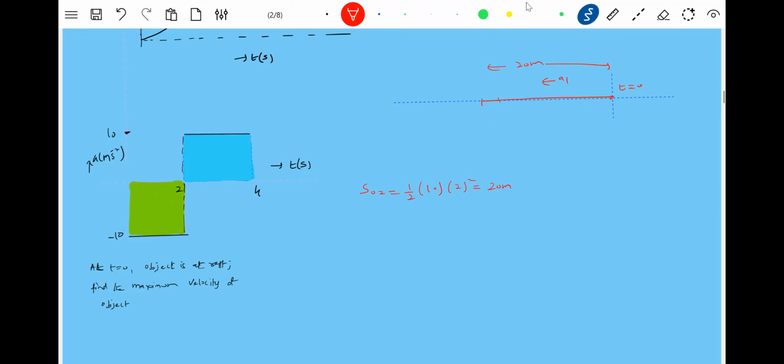After this, it is going to undergo retardation. What velocity will it acquire at the end of 2 seconds? 10 into 2, 20 meters per second.